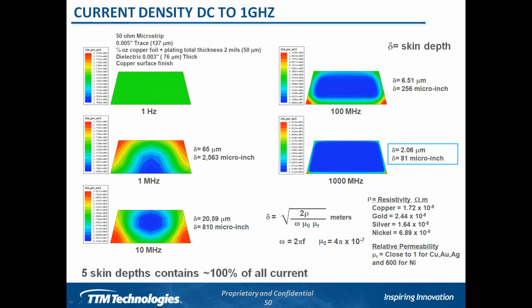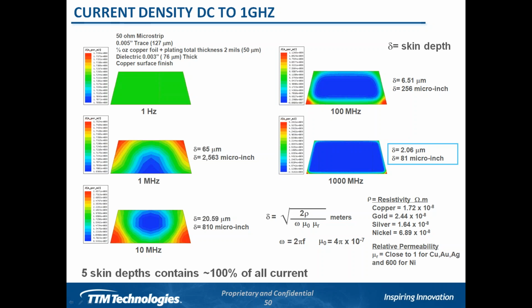Now, one other note on this is that finish starts to play a role as well, the final finish. We see a value at 1 gigahertz of about 81 microinches for a skin depth. So if we assume 5 skin depths contains all the current, we're at about 400 microinches total to contain all your current. Now, if you've got an ENIG board that has a very thick layer of nickel, that nickel layer itself might be about 250 microinches of nickel, depending on what we're trying to do.